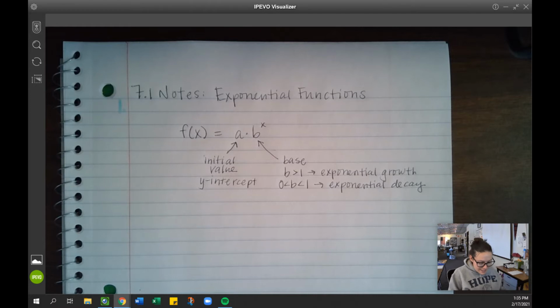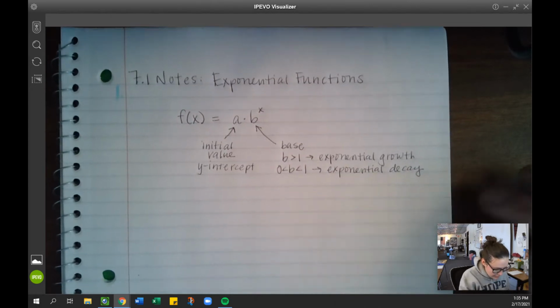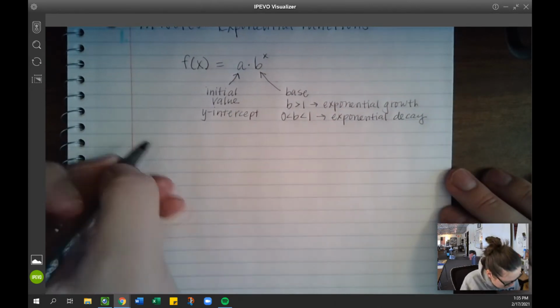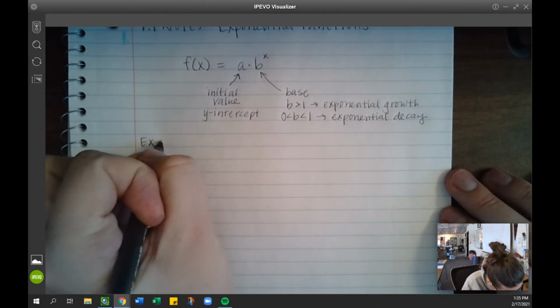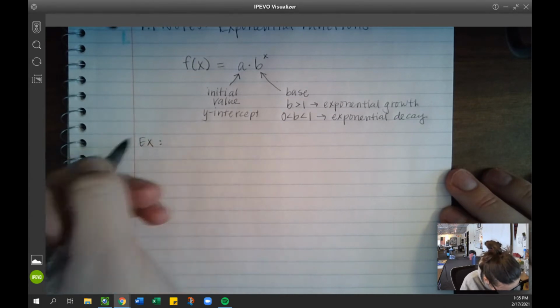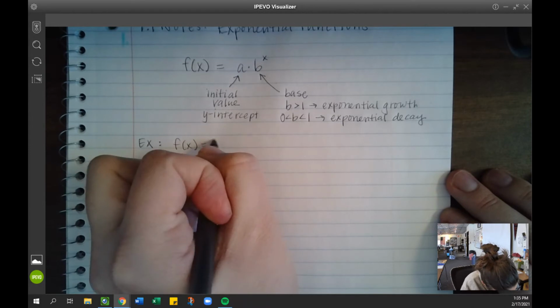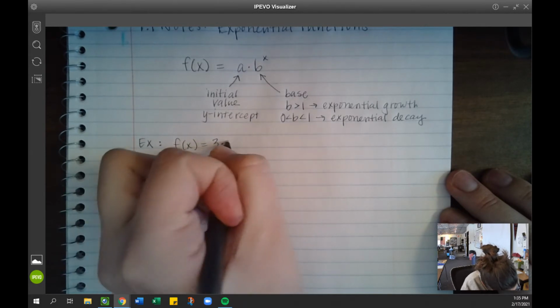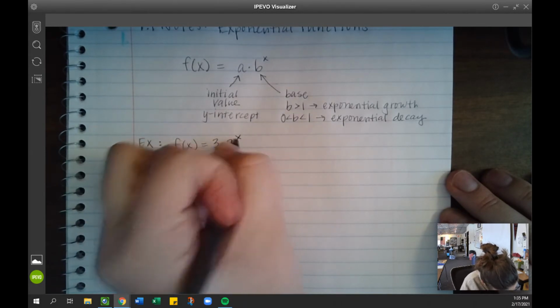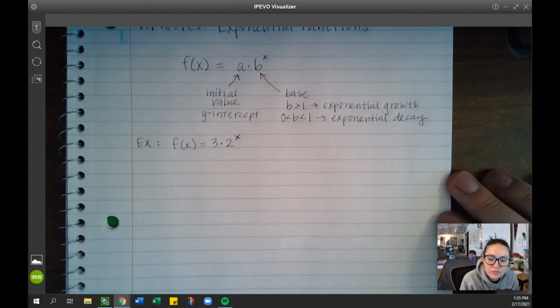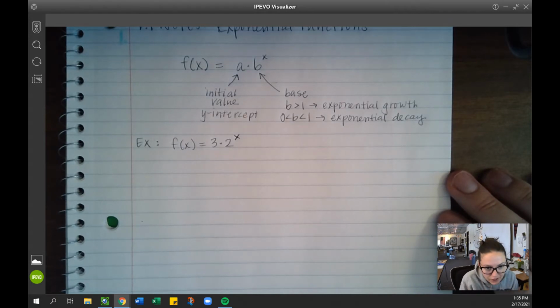So what do these functions look like? Let's say, for example, I have f of x equals 3 times 2 to the x, and we're going to sketch a graph of this.